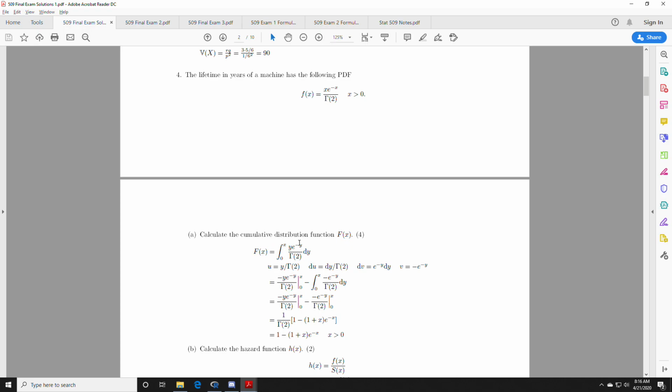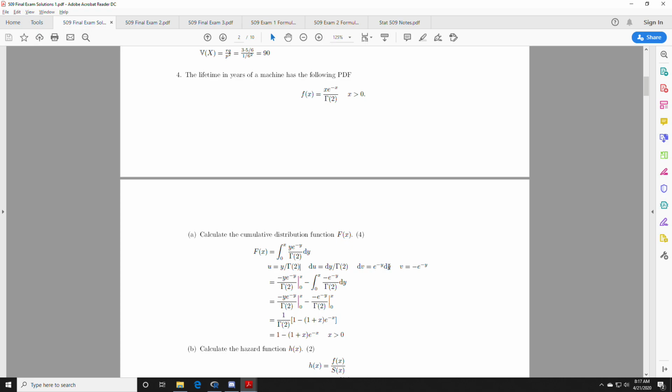Anyway, setting u equal to everything else basically, and setting dv to contain the e, then we have u and the derivative of u. Remember gamma of 2, that's a constant of some sort, which we need to figure out at some point, but for now we can just chuck it in here and pretend it's a constant.